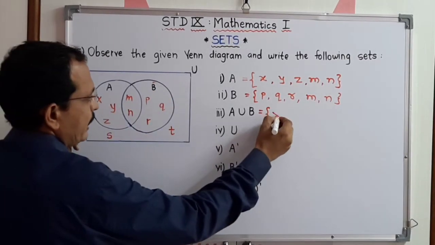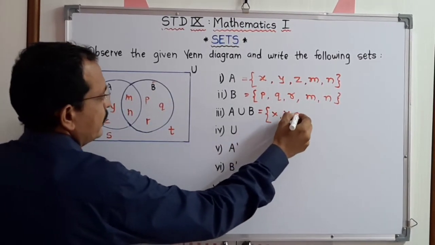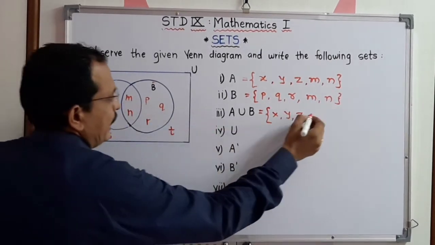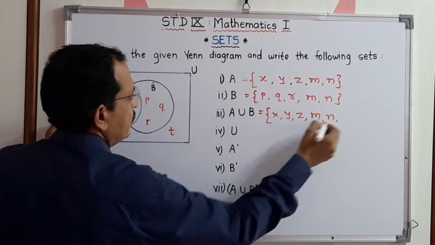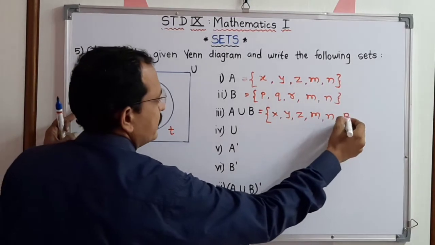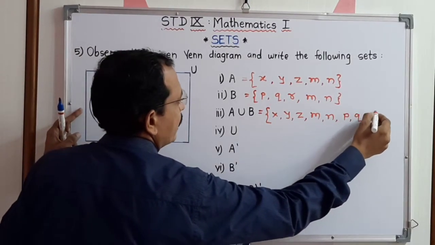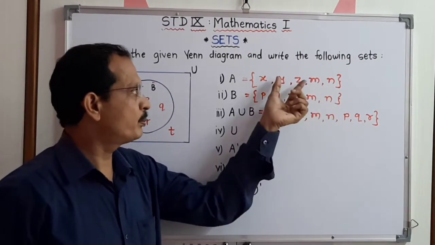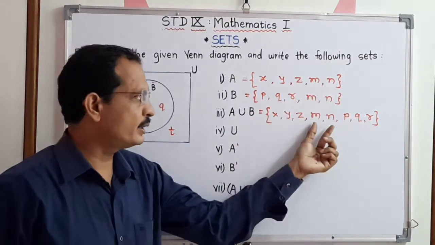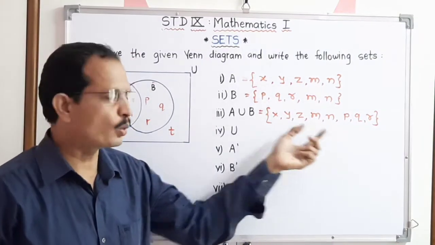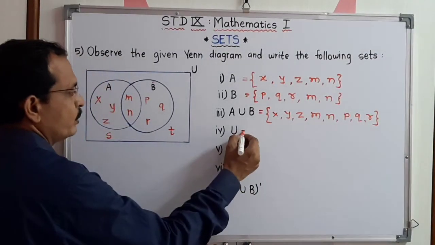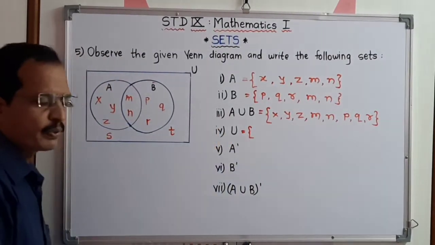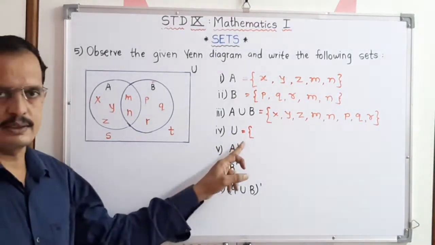Therefore we have to write x, y, z, m, n and this p, q and r. Dear students, m and n are present in both sets. We write them only one time as per our rule. Then we have to write the universal set.